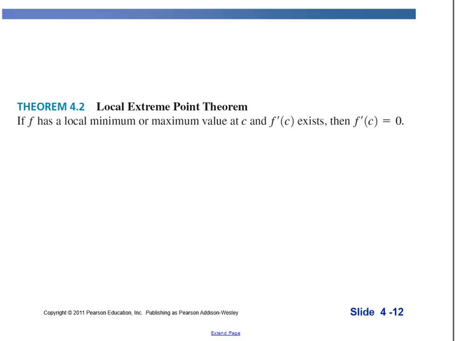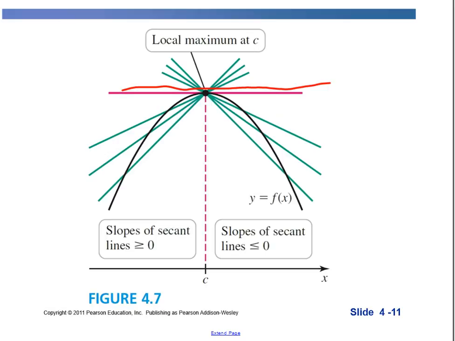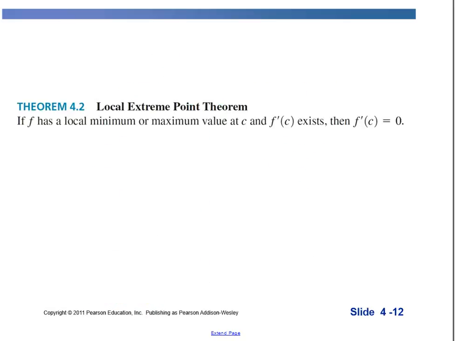It just says that if f has a local maximum or minimum value at c, and the derivative exists at that point, then the derivative is equal to 0. So if you come back to that picture again, it's defined at that point, the derivative is 0 at that point, and sure enough, we've got a maximum. In some cases, a minimum.